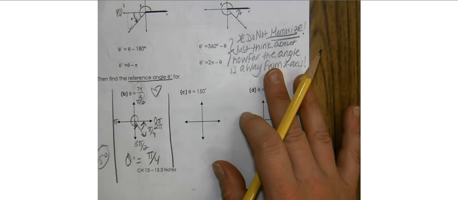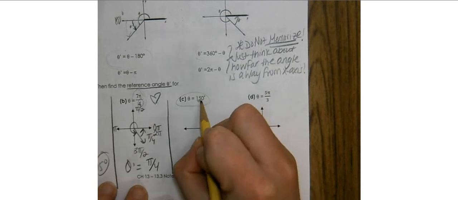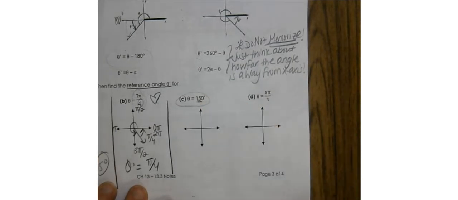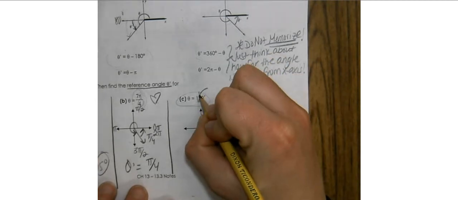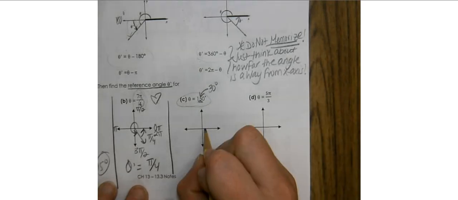Letter C, we have ourselves 150 degrees. And 150 degrees is one of our special angles that we need to know. 15 is divisible by 3, and it's not divisible by 6, so that means that it falls into our 30-degree family. So because it falls into that 30-degree family, 30 degrees is going to be my reference angle. Think about this.